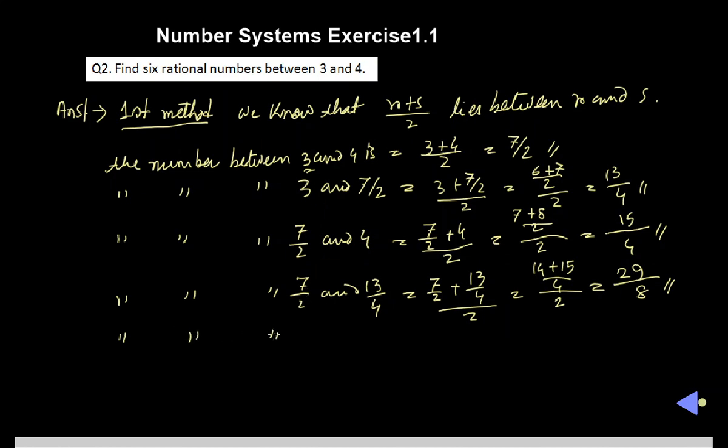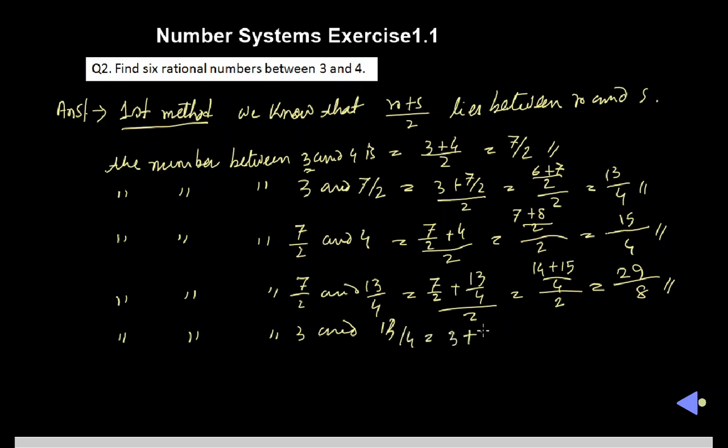So that is the number between, suppose, 3 and 13 by 4. It was not written earlier, 13 by 4.